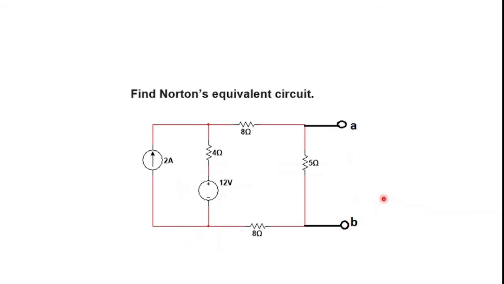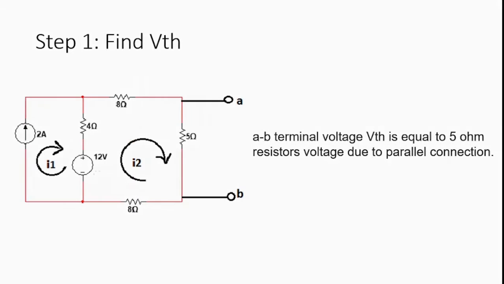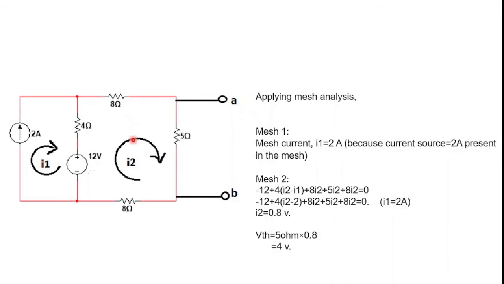Now let's get back to the exercise that we were supposed to solve. So how do we do that? Let's find out. First step should be finding the Thevenin voltage. We all know how to find the Thevenin voltage, and you can take any measurement for finding that, but I'm going to use mesh analysis.